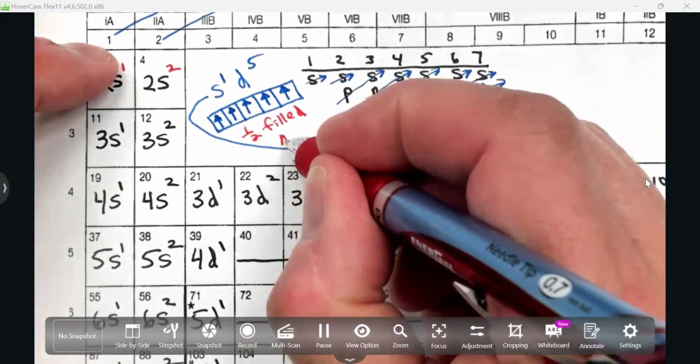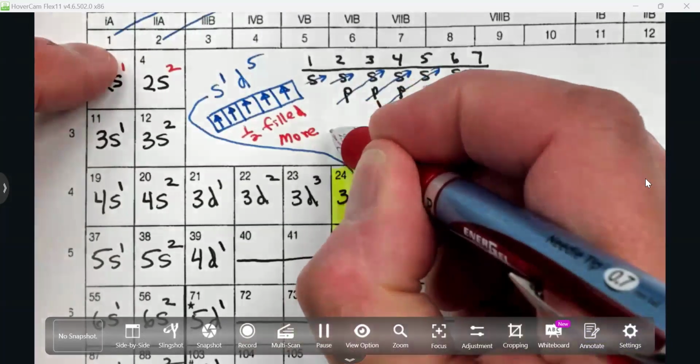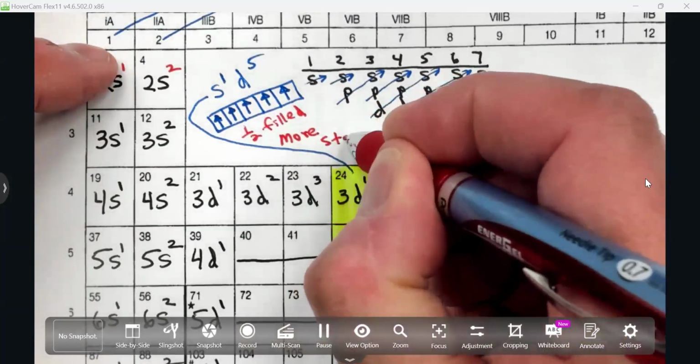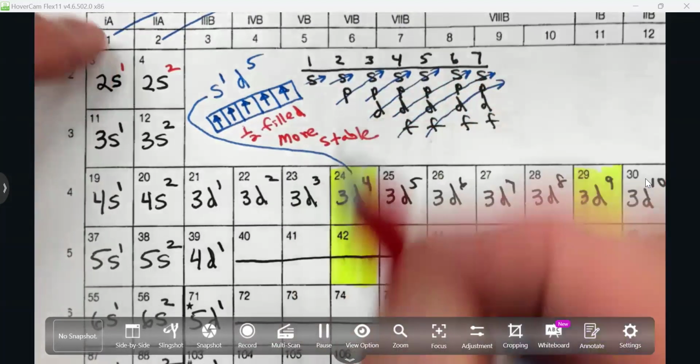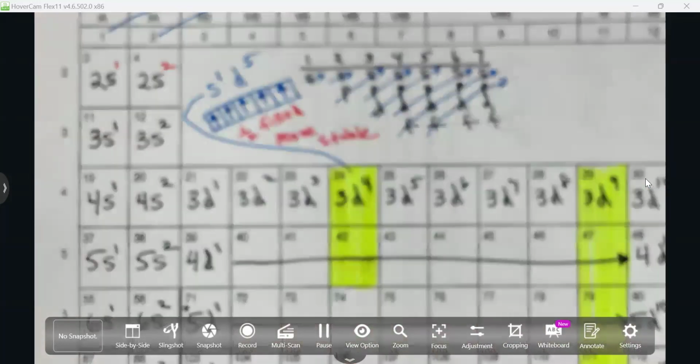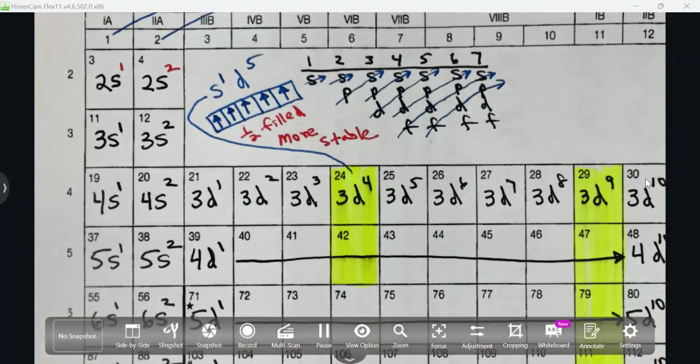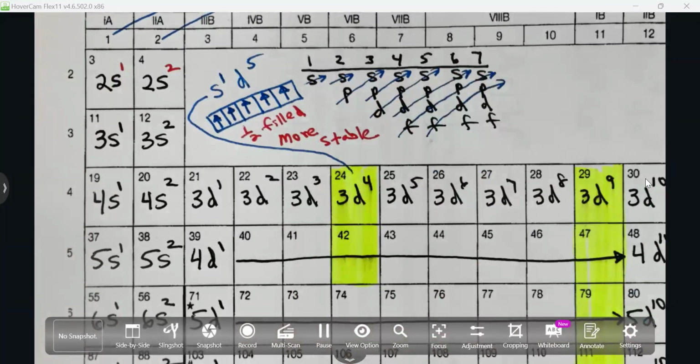What's the key to why it does any of this stuff? It is more stable. There's a lot going on. You've got all those negative electrons that don't like each other, correct? So they're going to do whatever they can to minimize the repulsion from neighboring electrons. It's more stable, D5. A P3, D5, half filled, F would be F7.